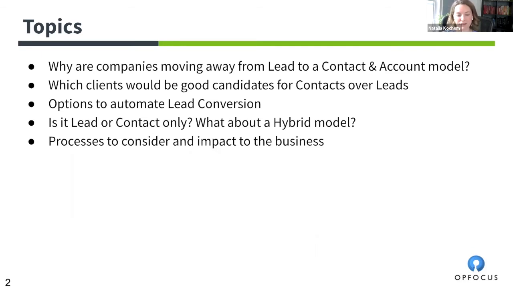Can you only have those two? Is there a hybrid option? And then what are some processes to consider and any impact to the business? What departments need to be involved? When we work with clients, who have the stakeholders been in making these decisions? Surprisingly, it can involve a bunch of people.